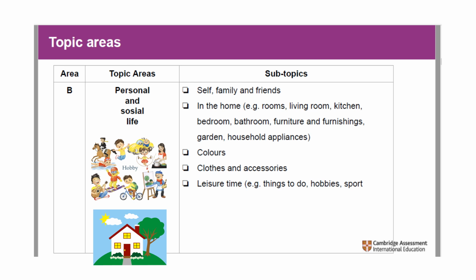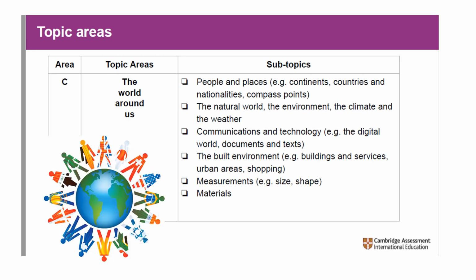So these are subtopics for area B, personal and social life. Now, as we go up to area C, the topics get a little bit more complicated.